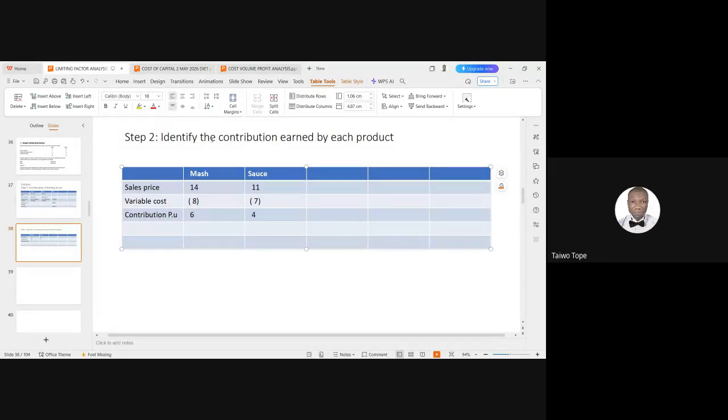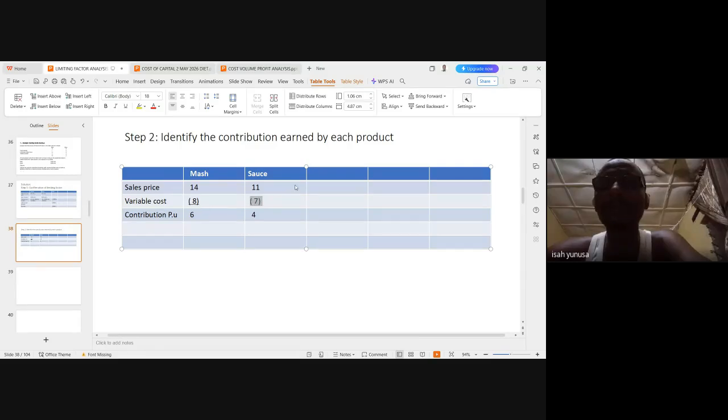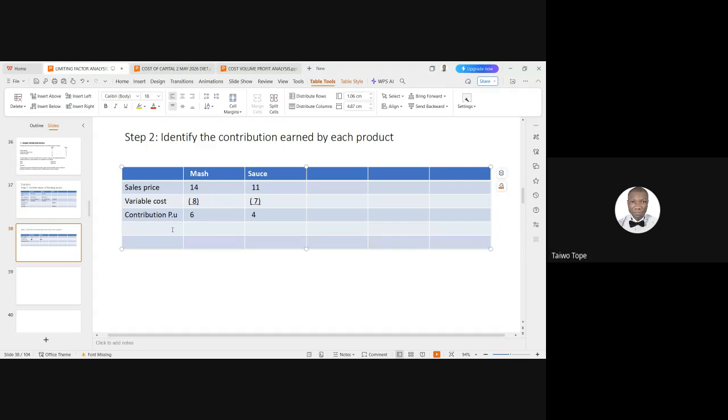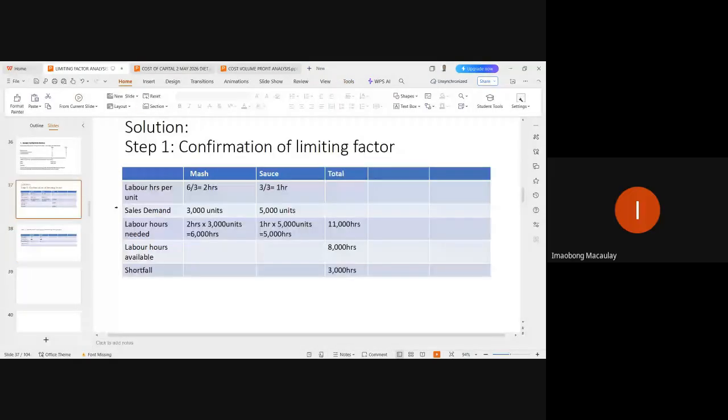So what will now be our contribution per limiting factor? Our labor hours per unit: to produce 1 unit of mesh, how many hours do you need? 2 hours.